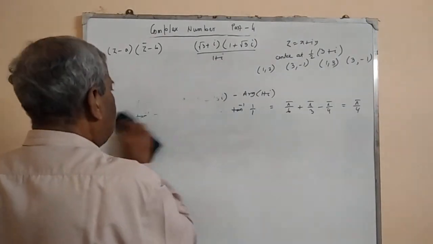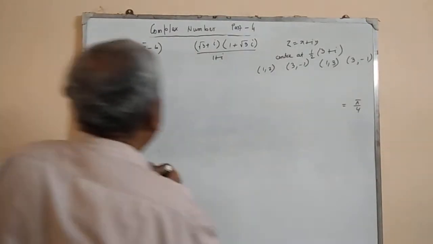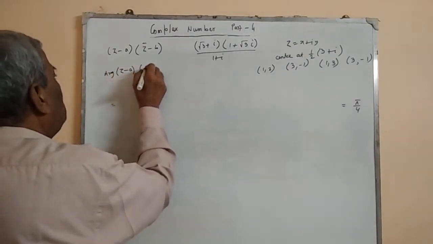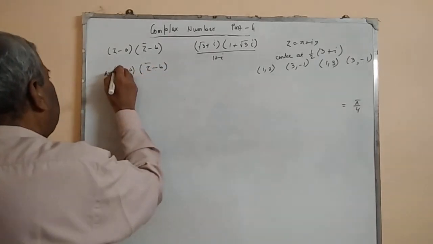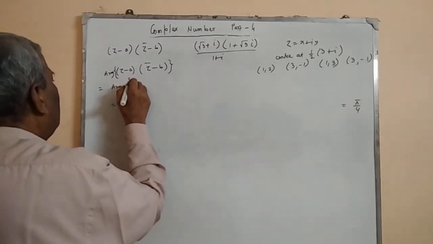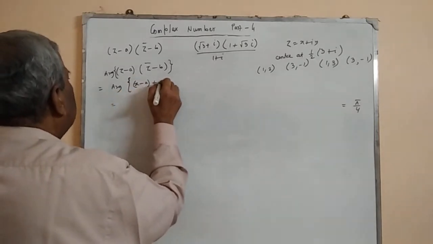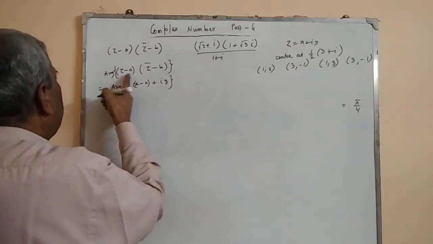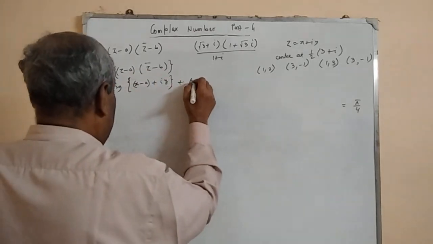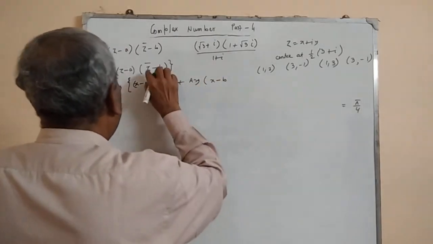Now calculate argument of this one. Argument of (z minus a) into (z bar minus b) is equal to argument of (x minus a plus iy), and since it is a product, in case of argument we add, plus argument of z bar, (x minus b minus iy).